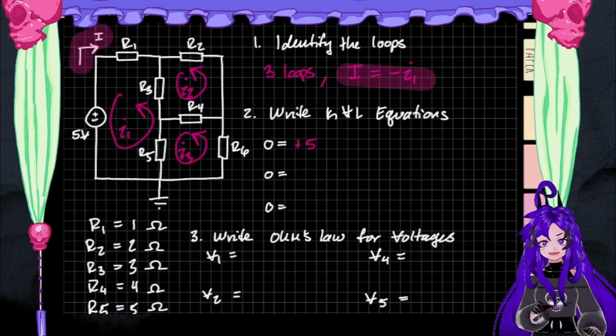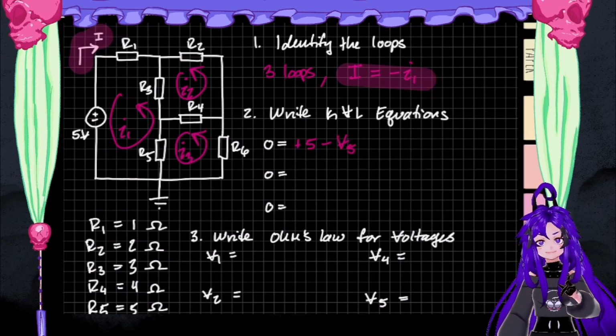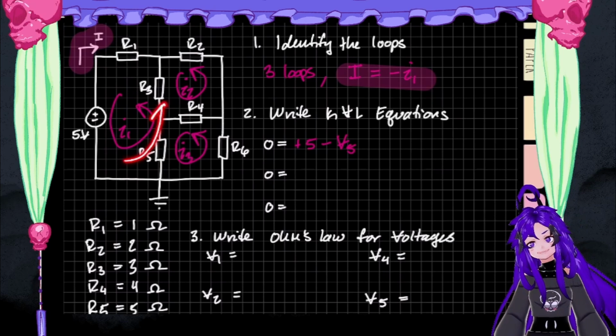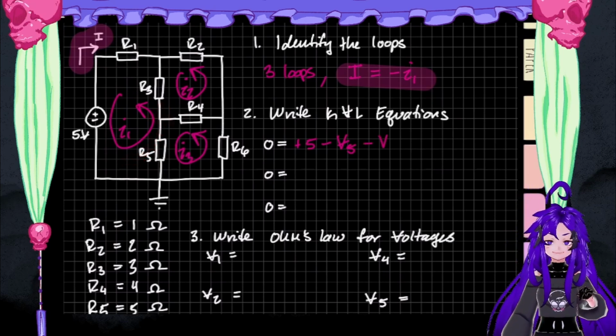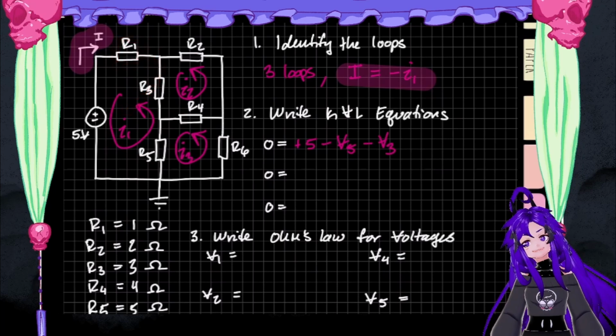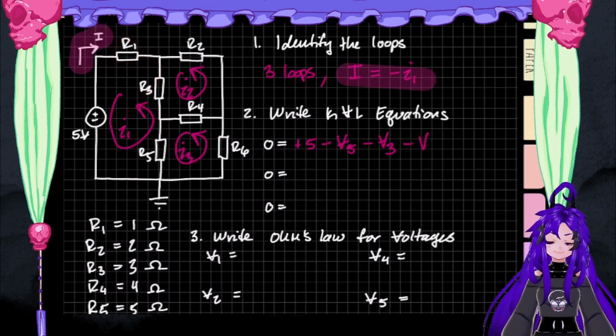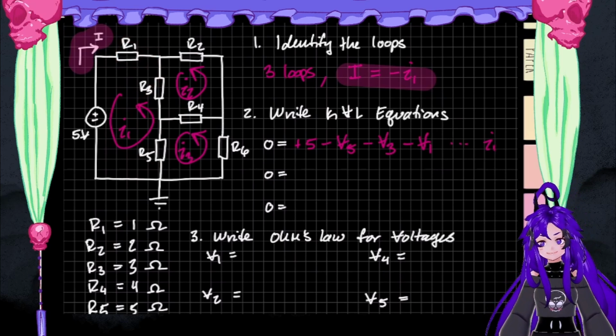I have to write with a pen, not a laser. Then we're going to keep following the direction into the negative end of R3, so minus V3. And then finally we're going to land in the negative end of R1, so minus V1. And that is our I1 equation.